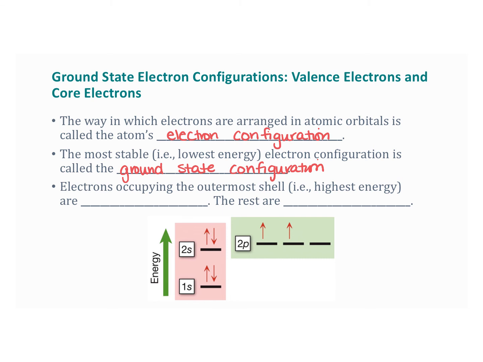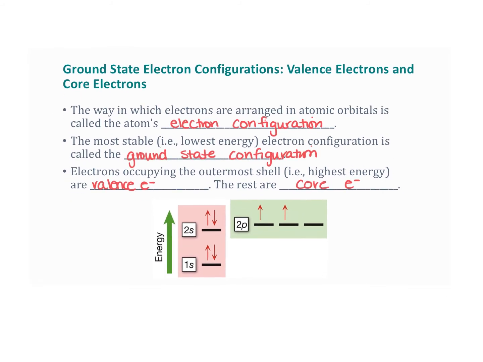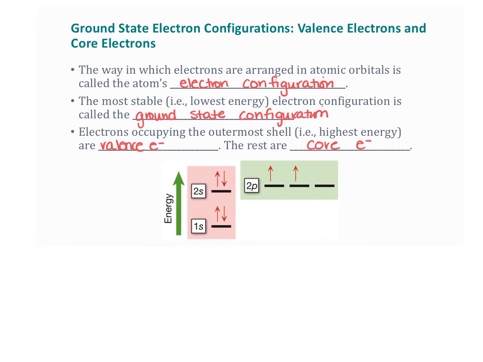Electrons that occupy the outermost shell, which has the highest energy, are called valence electrons. Now the rest are core electrons. So knowing an atom's ground state configuration is really important because it's going to give us insight into the atom's chemical behavior.